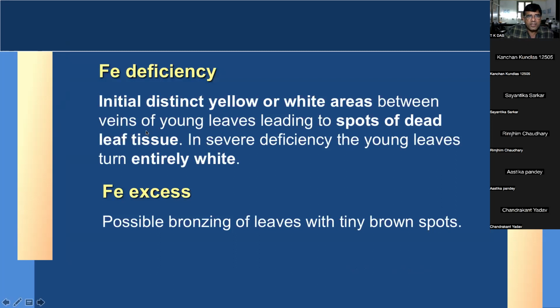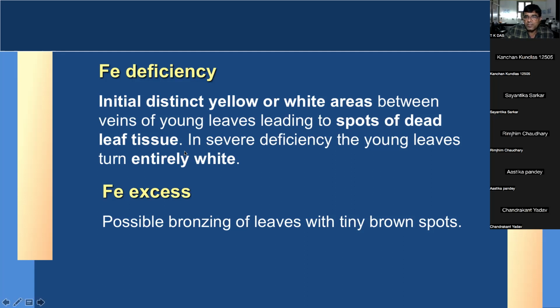Now, iron deficiency: initial distinct yellow or white areas between veins of young leaves. So initially you have yellowish or greenish color, or loss of chlorophyll, and white areas between veins of young leaves, leading to spots of dead leaf tissues.